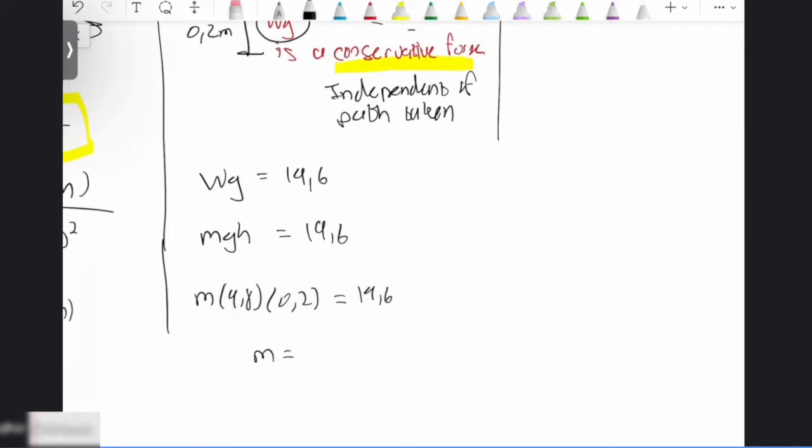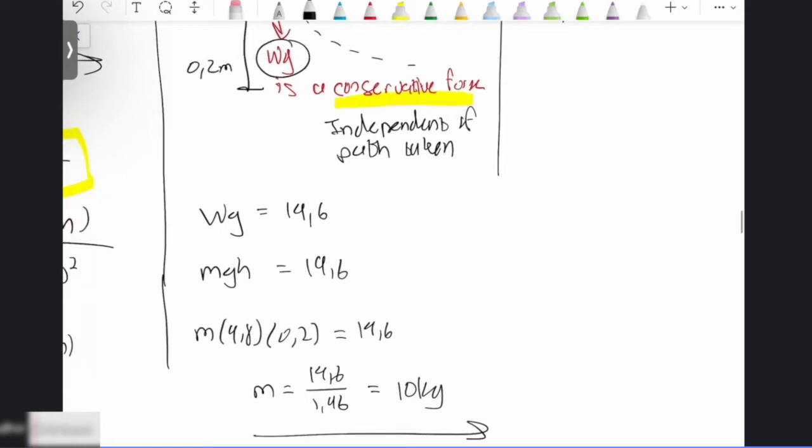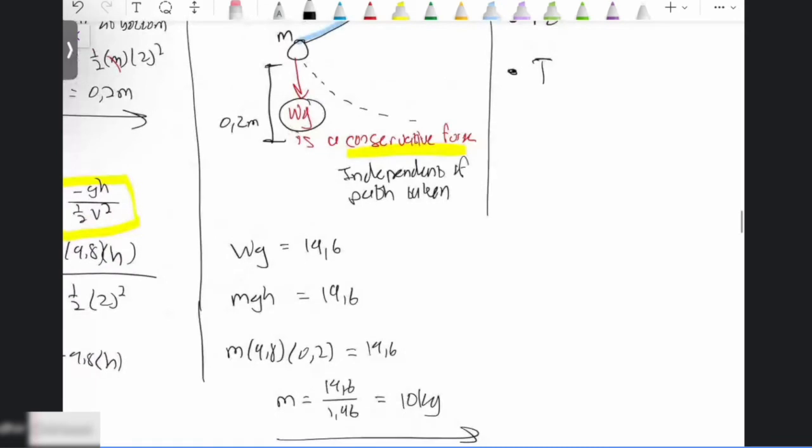So that's 1.96, and 19.6 over 1.96 is 10. So that should give us 10 kilograms. So the mass should actually be 10 kilograms.